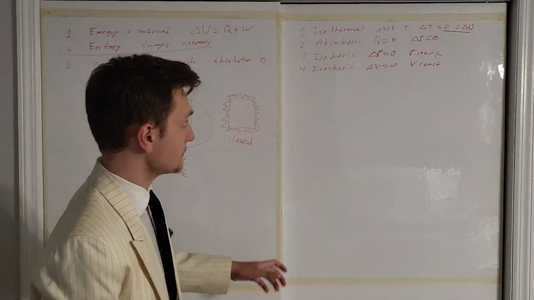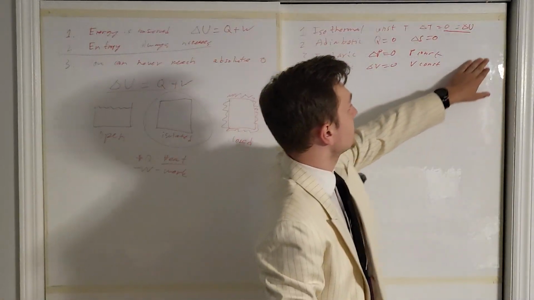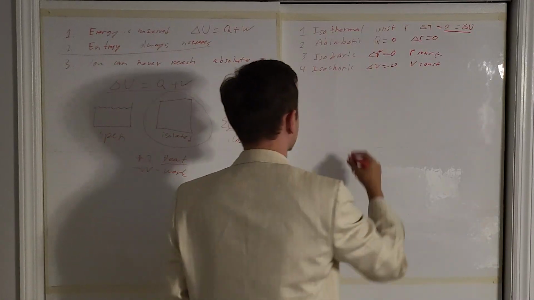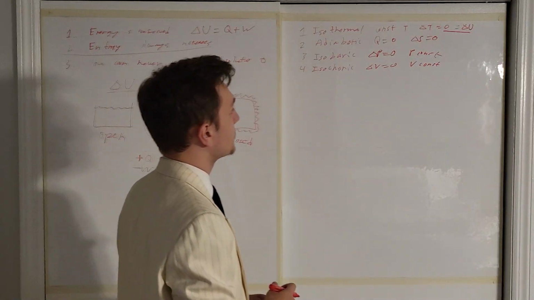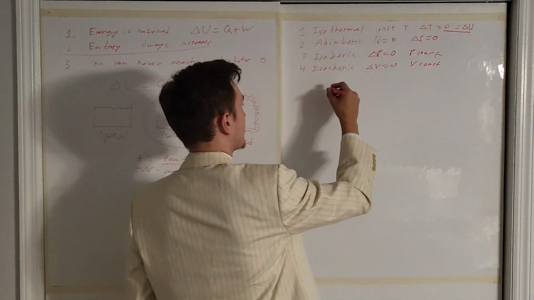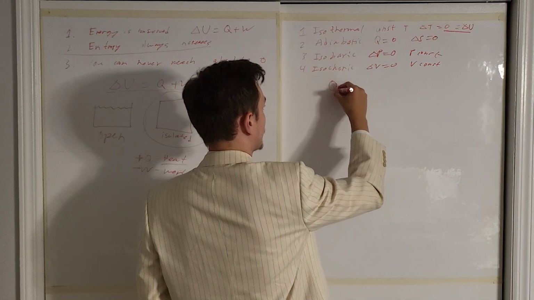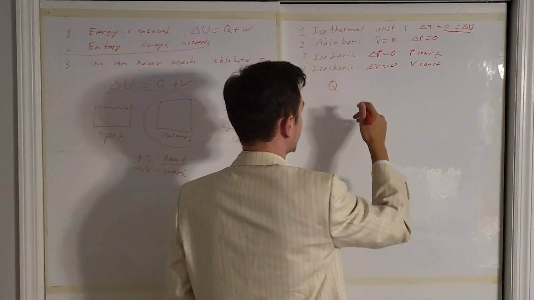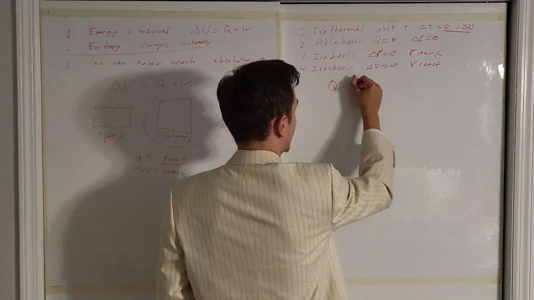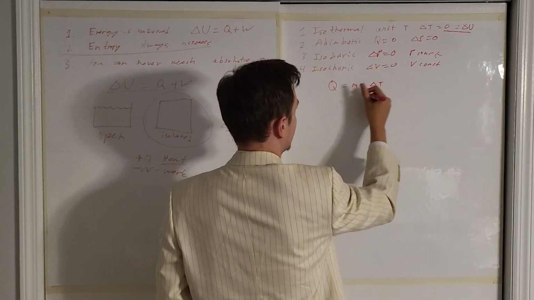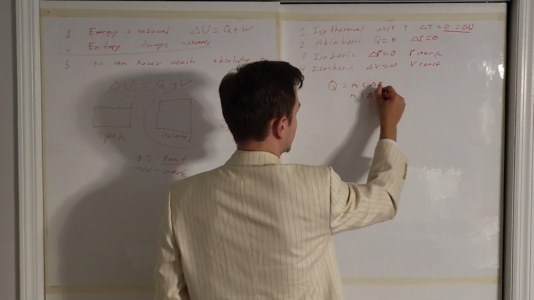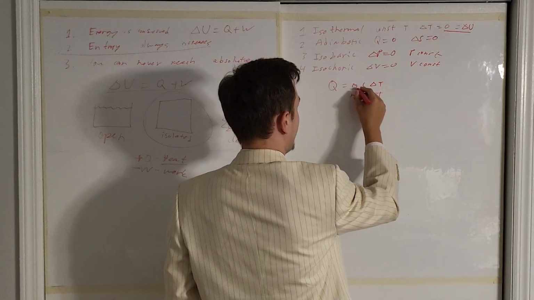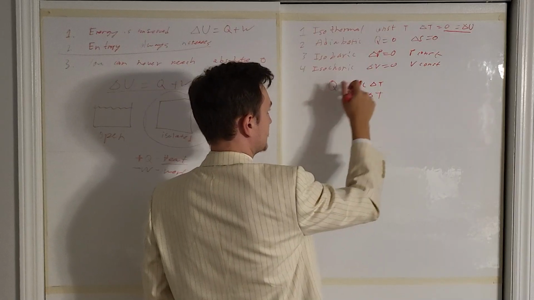So let's look at each of these simplifications in terms of the first law. Change in internal energy equals Q plus W. In order to look at that, I'm first going to give you the equation that Q, the heat transferred to a system or transferred away from the system, equals mc delta T or nc delta T, okay, depending on what you're dealing with. This is the mass of your system.